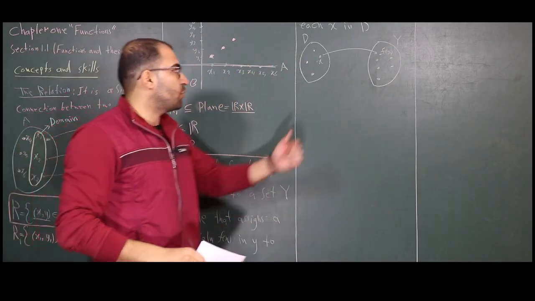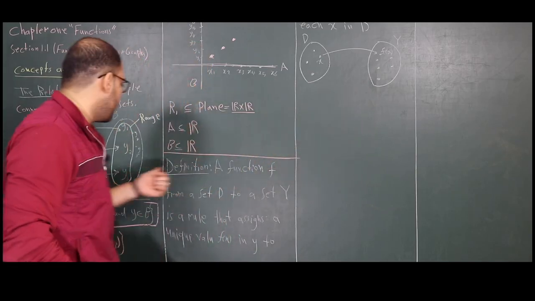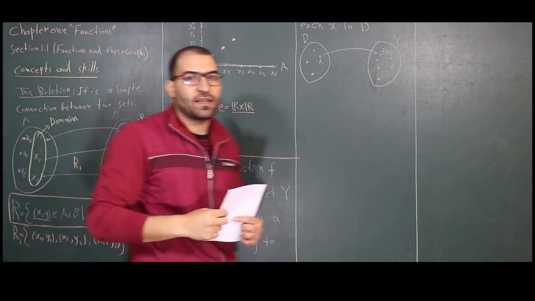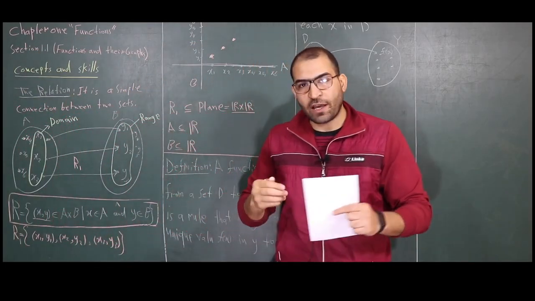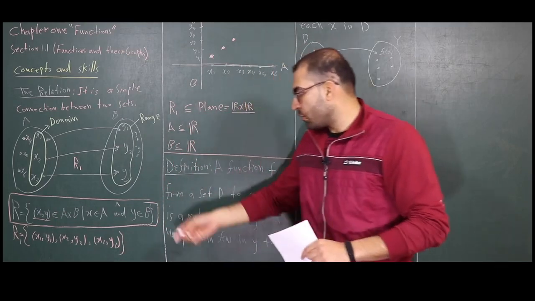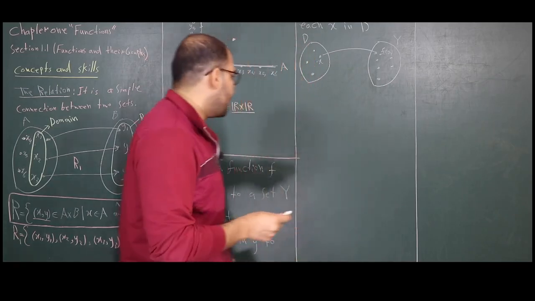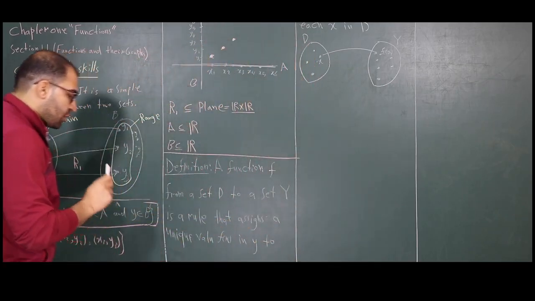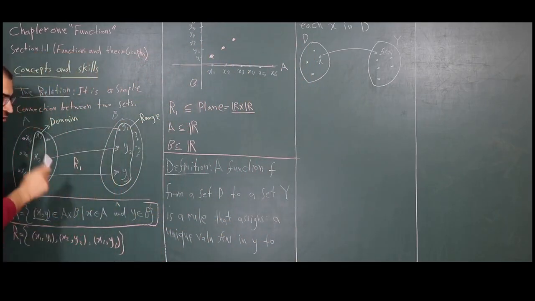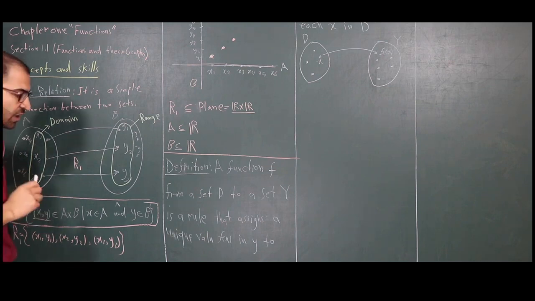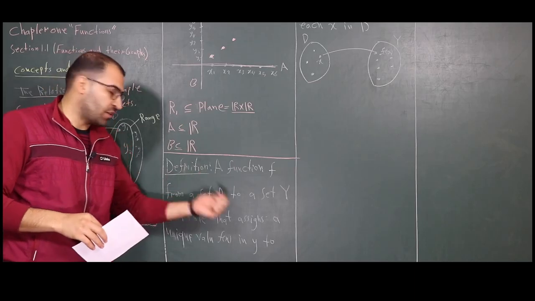So what's the difference between the function and the relation? The function is a more advanced concept. The relation is just a simple connection without any conditions. But we can see here that there are two conditions that the relation must satisfy to turn into a function.